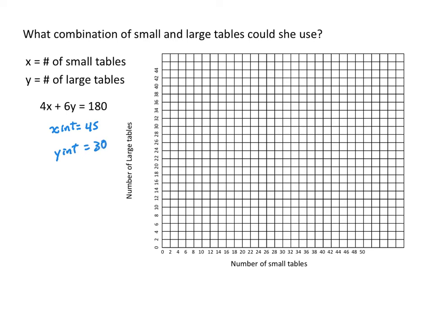So the y-intercept of 30 would be right here on the y-axis. The x-intercept of 45 would be right between 44 and 46. Now I'm going to draw that line. My line is going to be really important in this case. I still don't have a straight line tool for this program, so I'm just going to line those up the best I can and draw a nice straight line, hopefully that will work.